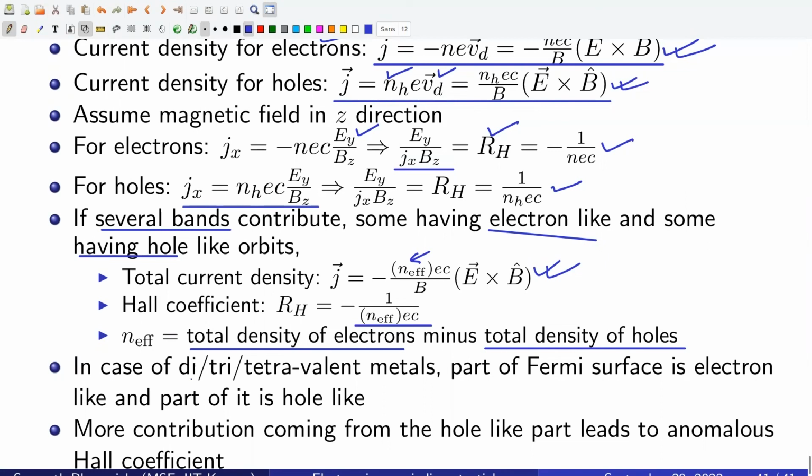In case of divalent, trivalent or tetravalent metals, part of the Fermi surface is electron-like and part of it is hole-like. If more contribution is coming from the hole-like Fermi surface, then that leads to anomalous Hall coefficient.